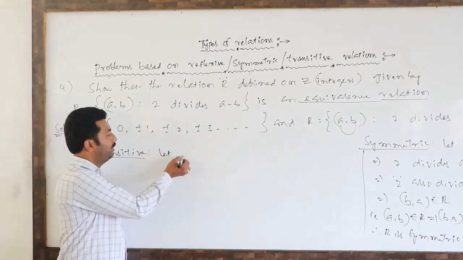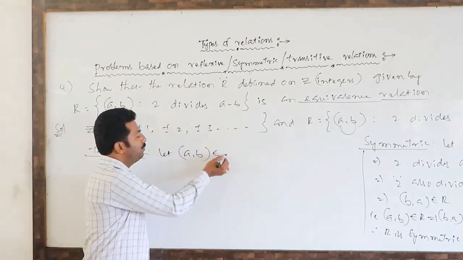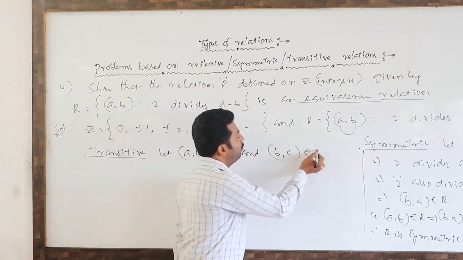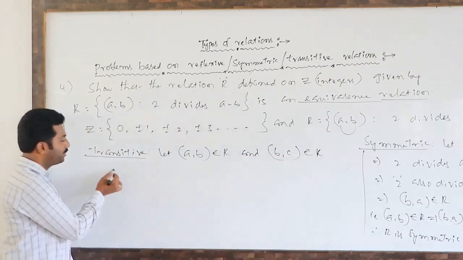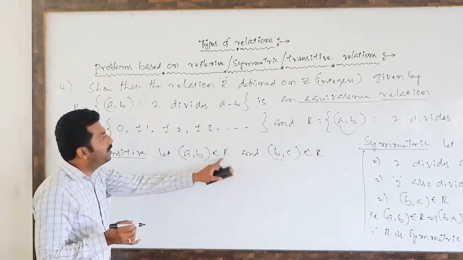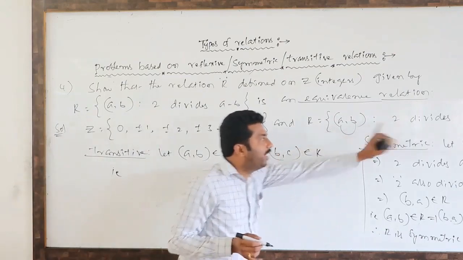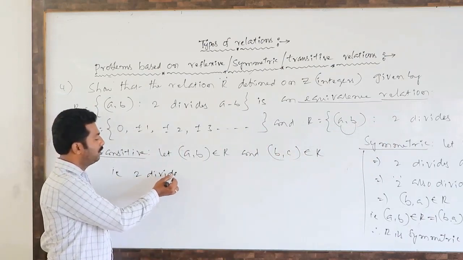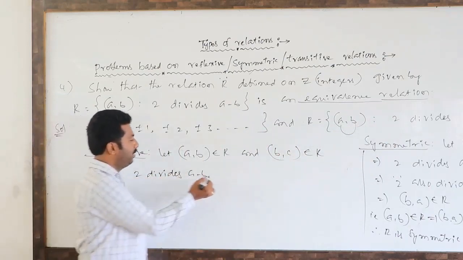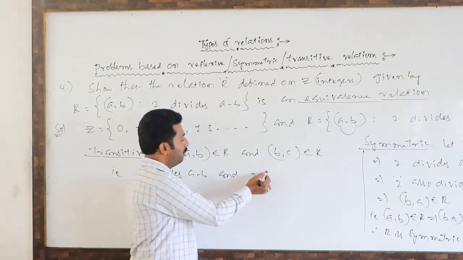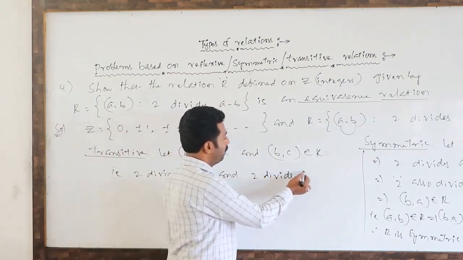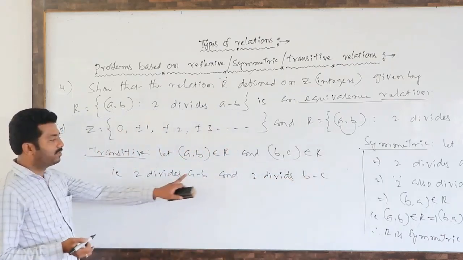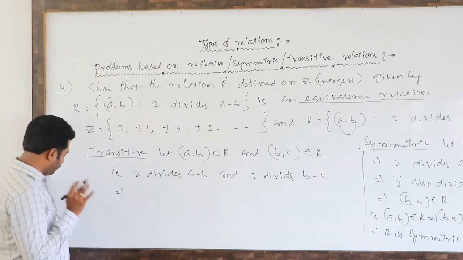So that I am taking, let (A, B) belong to capital R and (B, C) also belong to capital R. That is, what is the relation between A, B in capital R? 2 divides A minus B and 2 divides B minus C. So 2 divides A minus B means, you observe, one simple example.